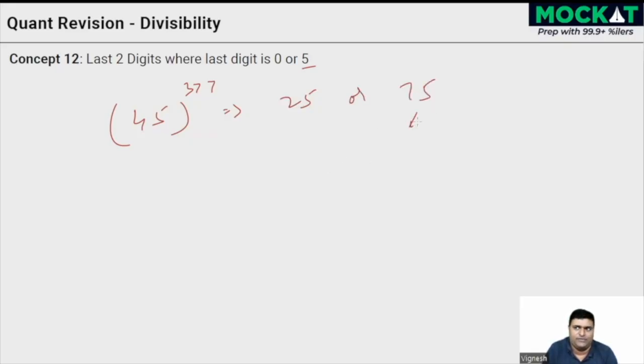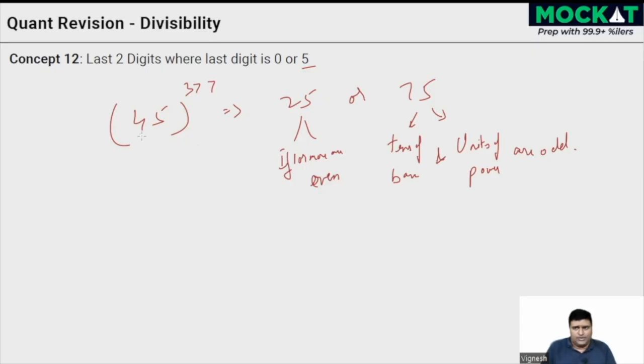When is it 75, right? When the tens of the base and the units of the power are both odd. It's 25 if one or more are even.